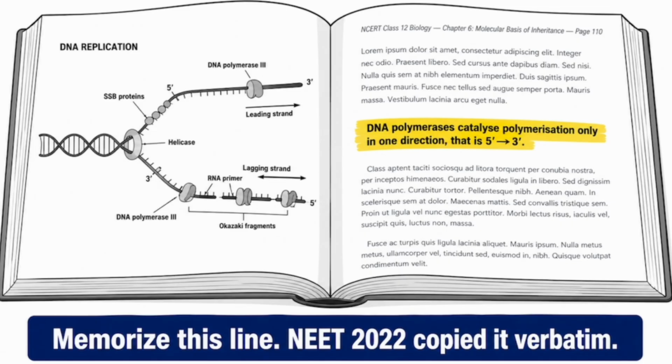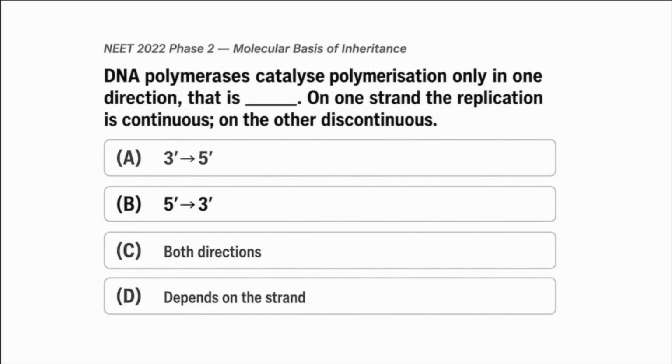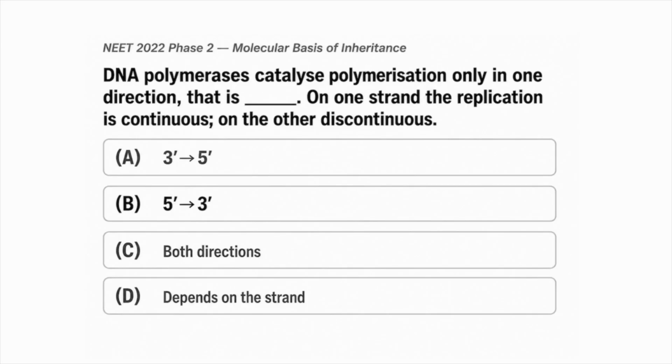Now open NCERT class 12. Chapter 6. Read this line carefully. DNA polymerase catalyze polymerization only in one direction, that is 5' to 3'. This exact line creates NEET PYQs every single year, and the trap option is always 3' to 5'. In NEET 2022, question came: DNA polymerase catalyze polymerization only in one direction.